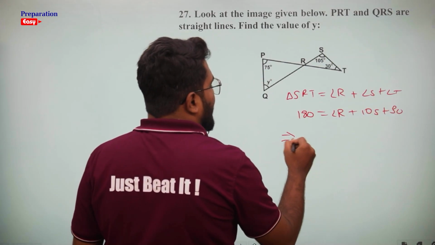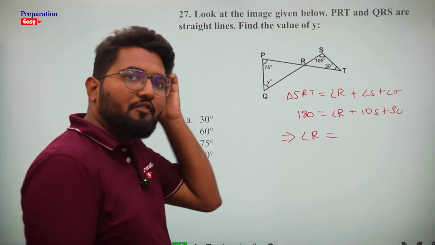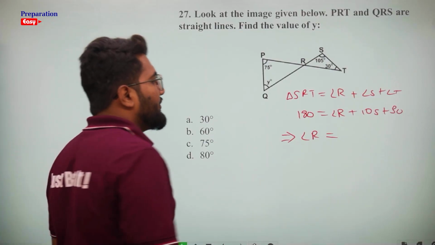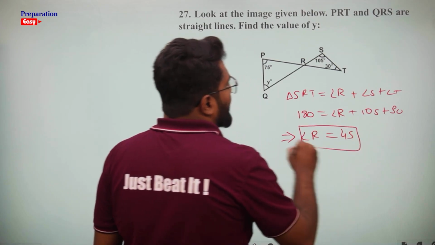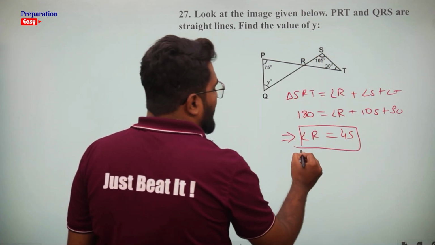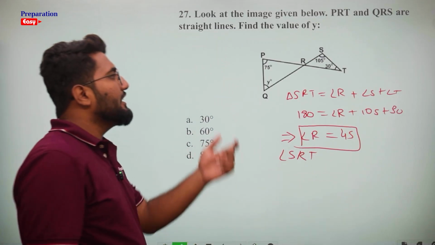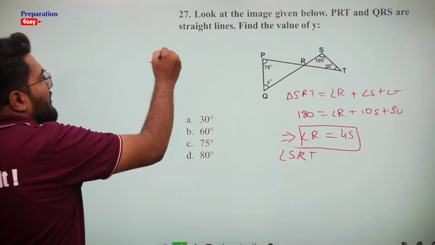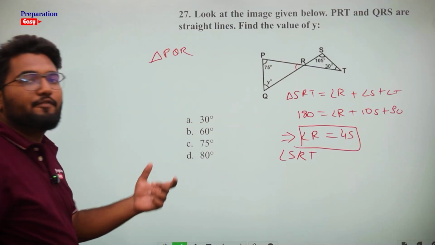That gives angle R will be equal to 105 plus 30 will become 135 and 135 minus 180, 45. So angle R will become 45 degree. Okay. If angle SRT is 45, then in triangle PQR, this angle R will also become 45 degree.